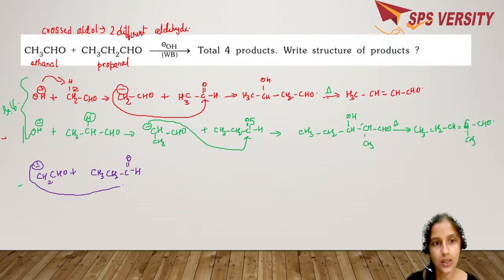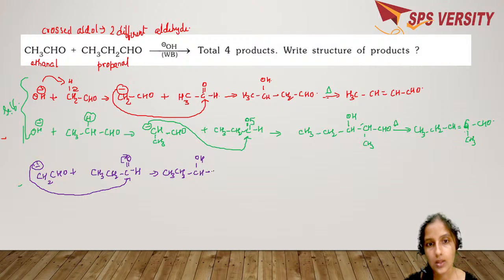When this attacks over here, this shifts, resulting in the formation of CH3 CH2 COH H CH2 CHO. And this on heating loses the water molecule to give CH3 CH2 CH double bond CH CHO.